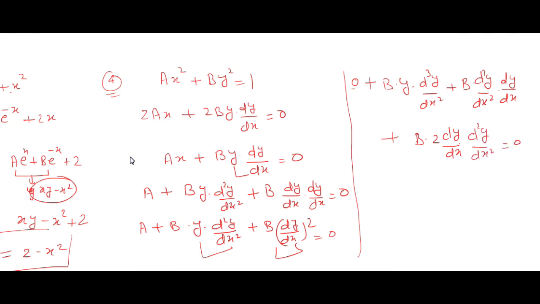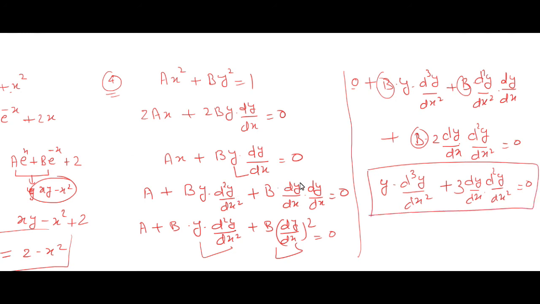Now you can divide this whole equation by b, and if you see this term you will get y into d3y by dx cube, plus you can add these two terms, 3 dy by dx into d2y by dx square equals 0.